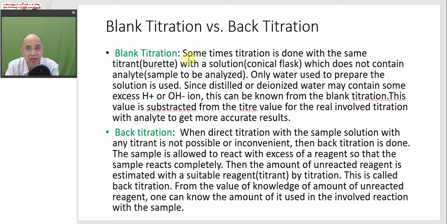Blank titration is done to make sure that the distilled water or deionized water that you are using to prepare the solution is really free of any acid or base. Therefore, after performing the titration with the sample solution, the entire solution is rejected and the same fresh water that you used to prepare the solution is taken, and again acid or base is added.